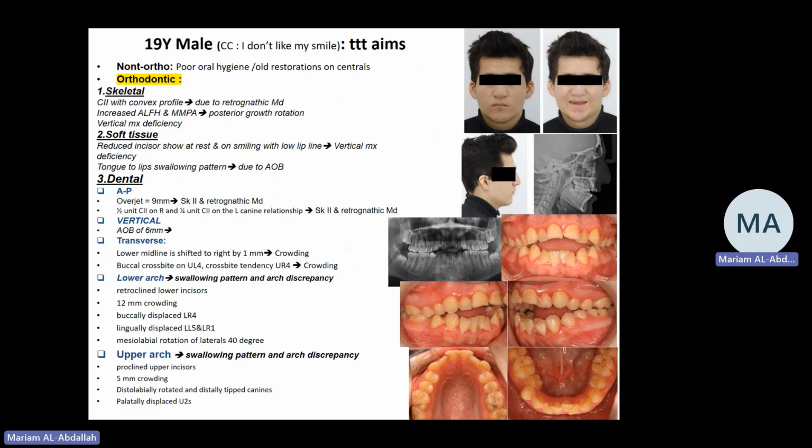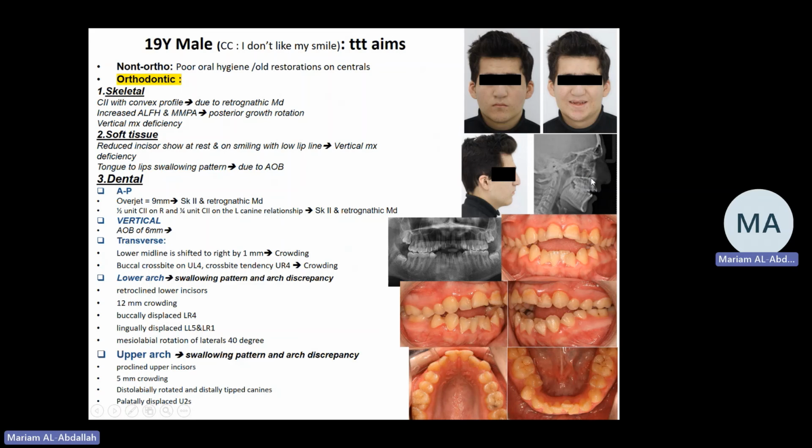So this is good. Now, skeletally, class 2 skeletal pattern, maxillary deficiency can only be corrected with orthognathic surgery. So we need to carry out surgery for the patient. What I'm thinking of is posterior impaction of the maxilla. And when we say posterior impaction of the maxilla, that means as if we are rotating the maxilla clockwise.